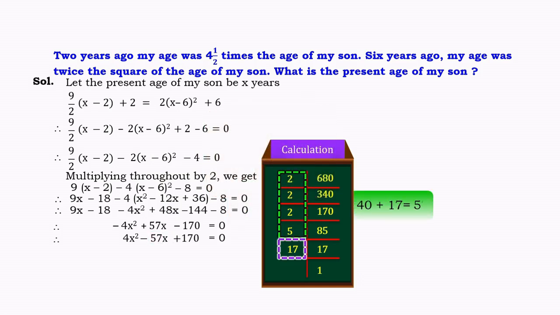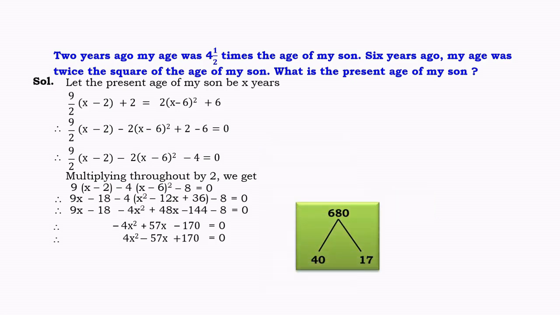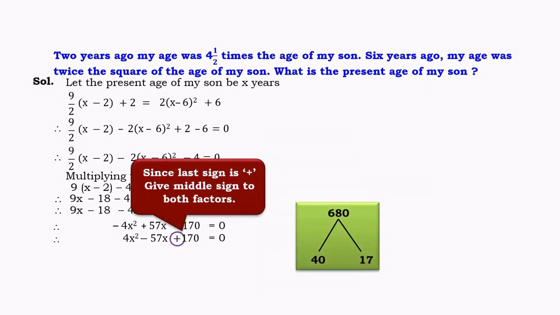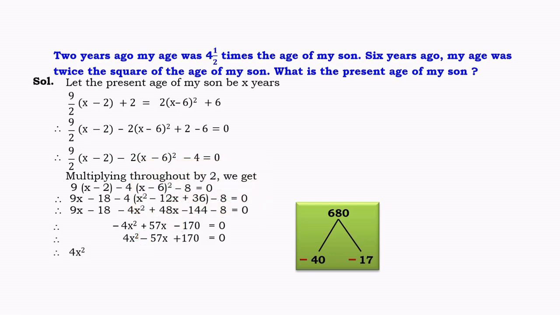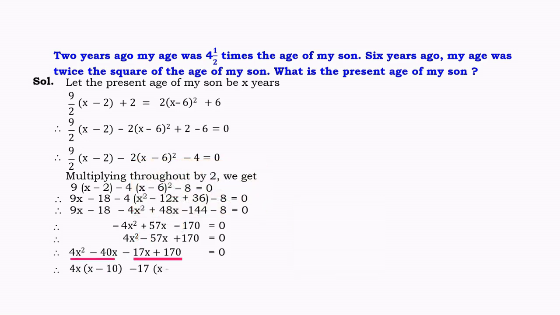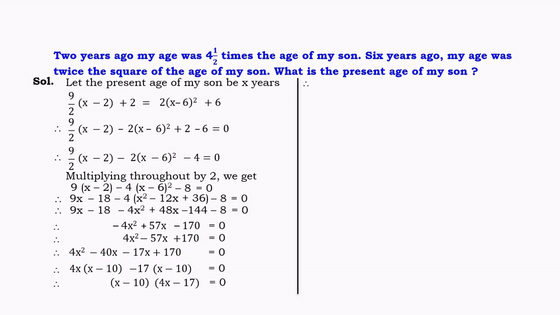Since the last term is positive and the middle term is negative, both factors will have negative signs. Using these factors, we split the middle term and factorize the equation. After factorization, we get (x minus 10) multiplied by (4x minus 17) equals 0.